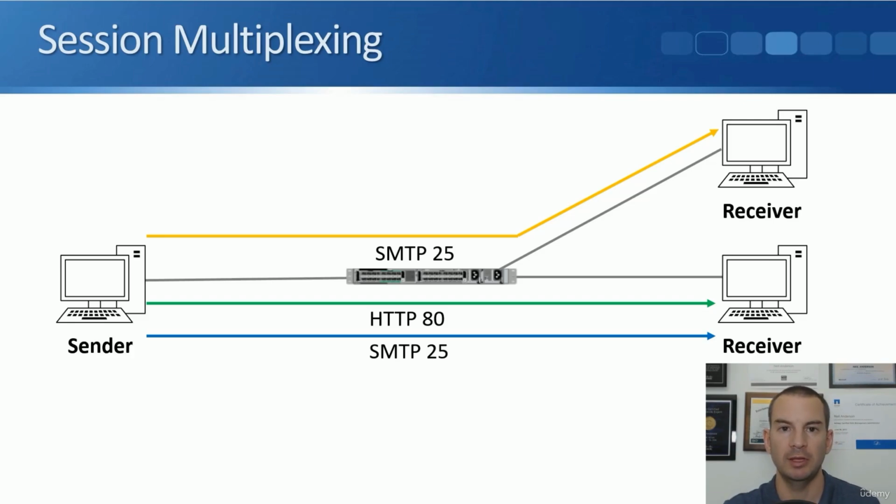So you can see from the sender on the left, we've got 3 sessions. The top receiver on the right has 1 session, and the bottom receiver has 2 sessions. It's layer 4, the transport layer, that is responsible for tracking and keeping control of the different sessions on a host.